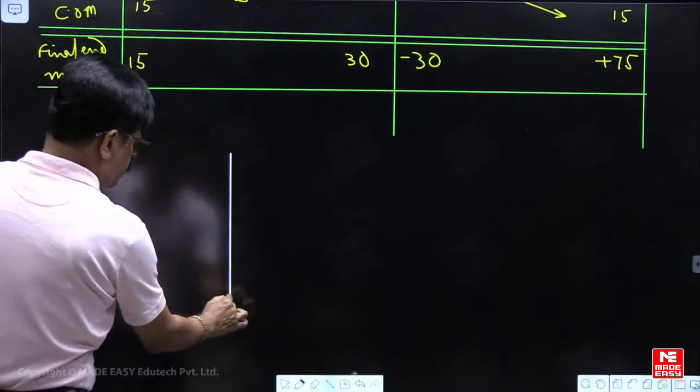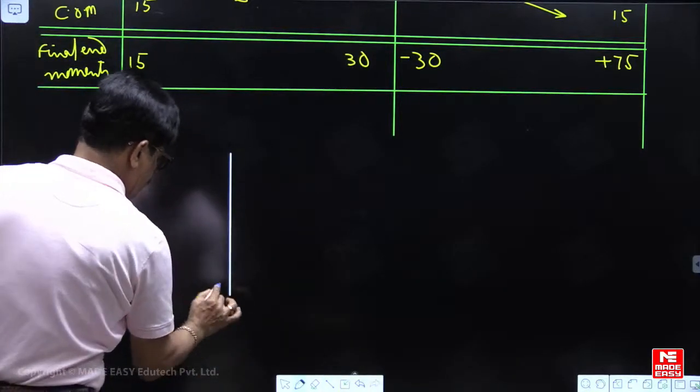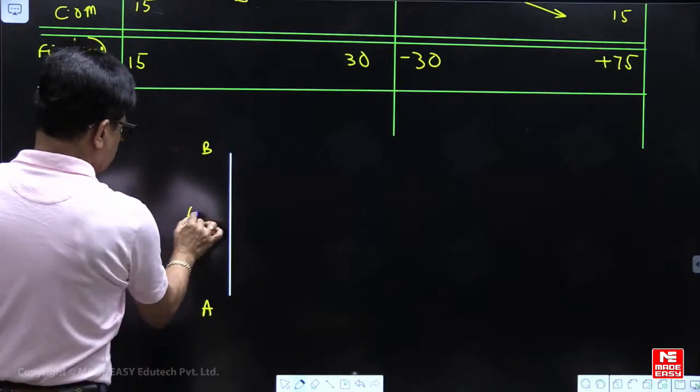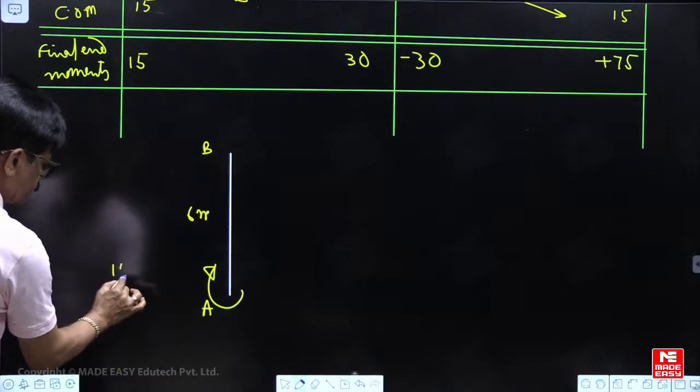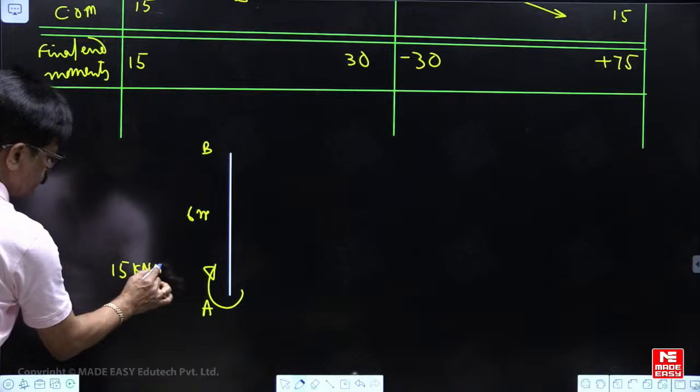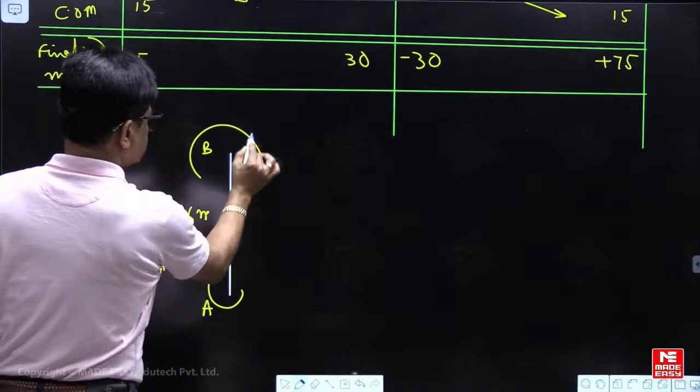So we will draw this free body diagram. This point, let us say A, B. Length is 6 meters. 15 means clockwise. 30 also clockwise.